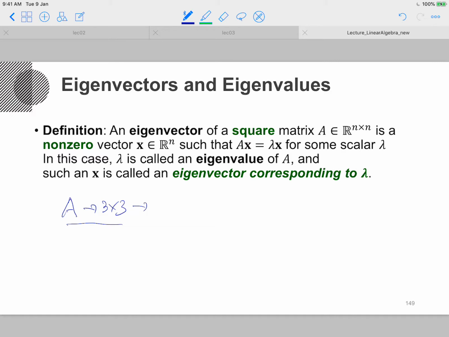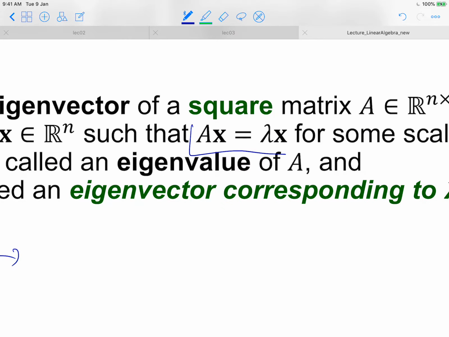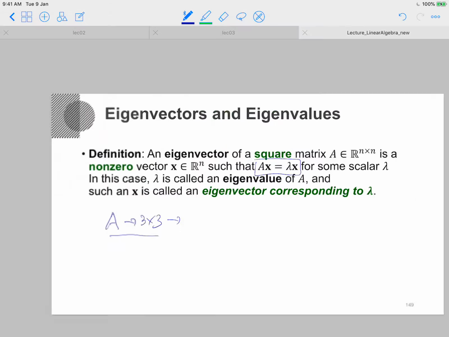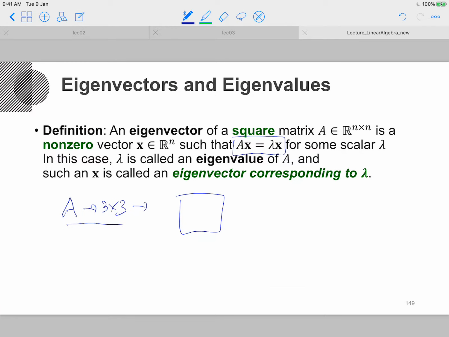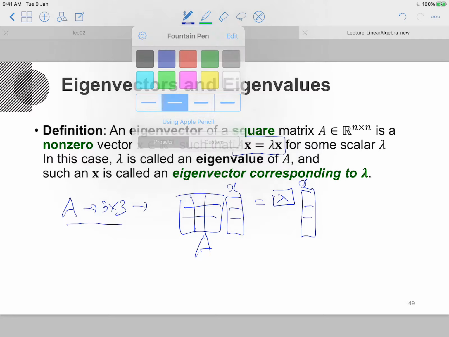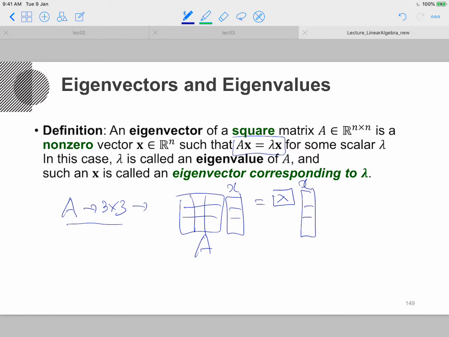And that pair should satisfy this: if A is 3 by 3, we consider some vector x. So this is the given matrix A, and then we have lambda and x. Okay, so this is not an equation that is true all the time with respect to x.